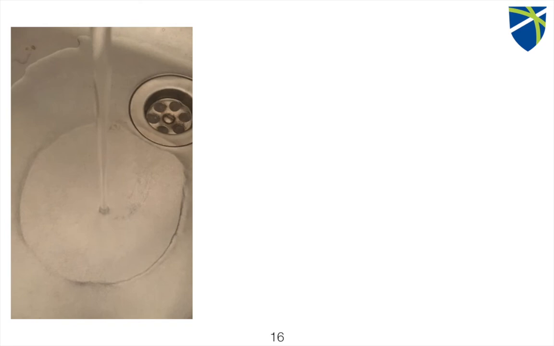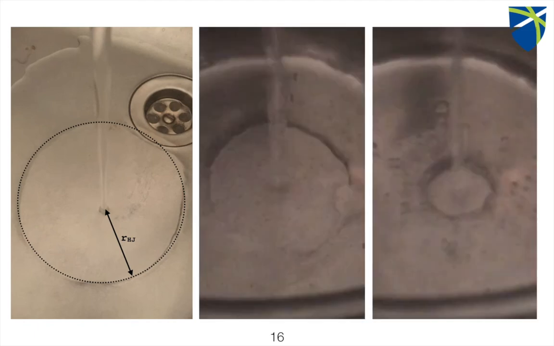A water jet hits a surface, and on this surface there is a circular hydraulic jump due to subcritical and supercritical flow. This radius is constant when the water flows away in the kitchen sink, but if we let a jet splash into a container, we see that this radius decreases over time due to the rising water level.